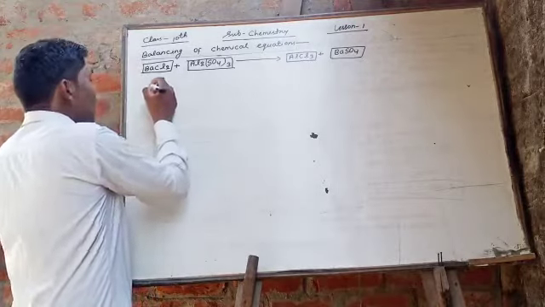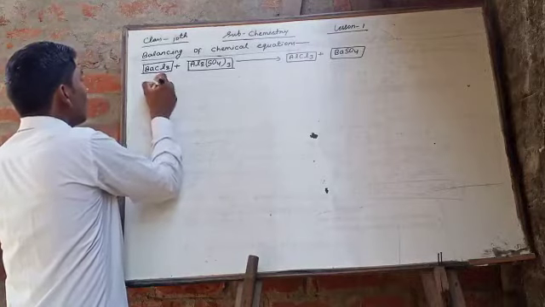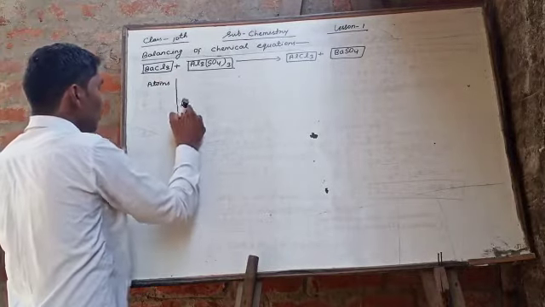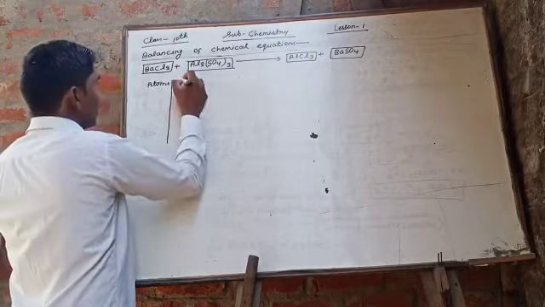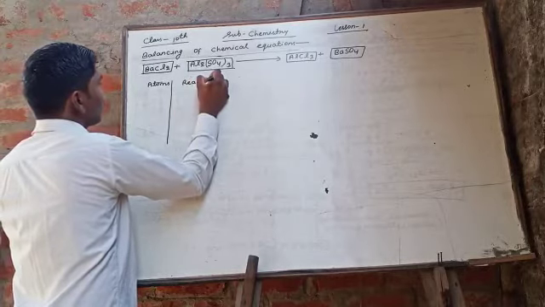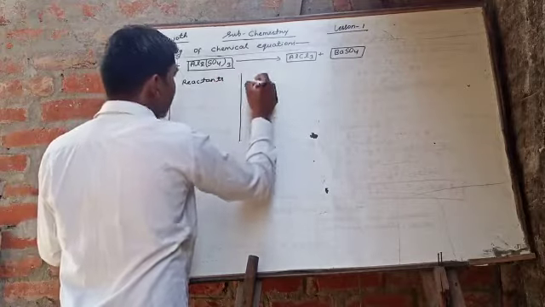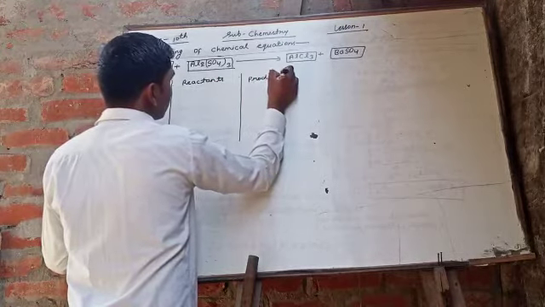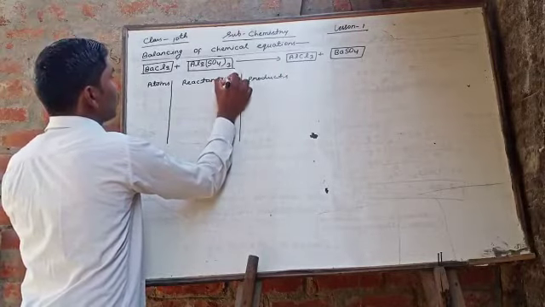For this, we will make a table. Here atoms, here reactants, and this side products, or we can write LHS and RHS also.